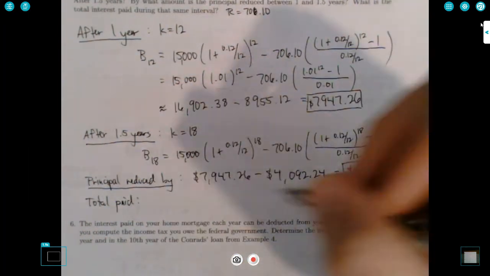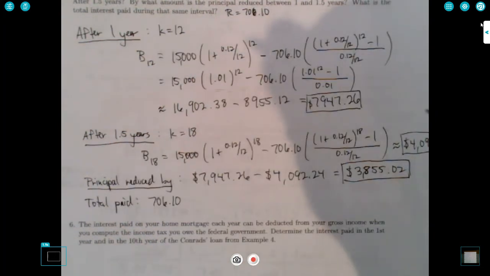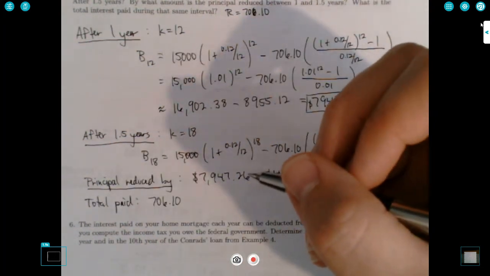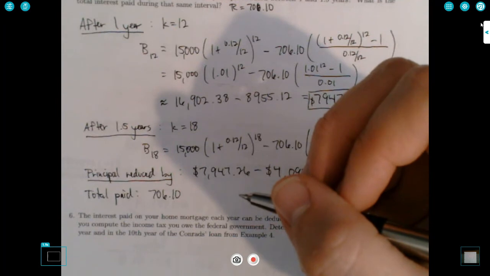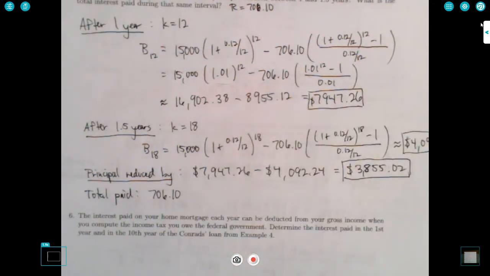Well, that's going to be her monthly payments, $706.10, times 6, right?